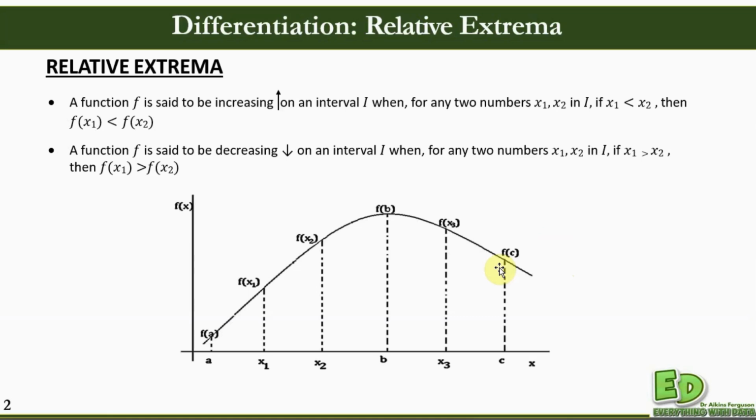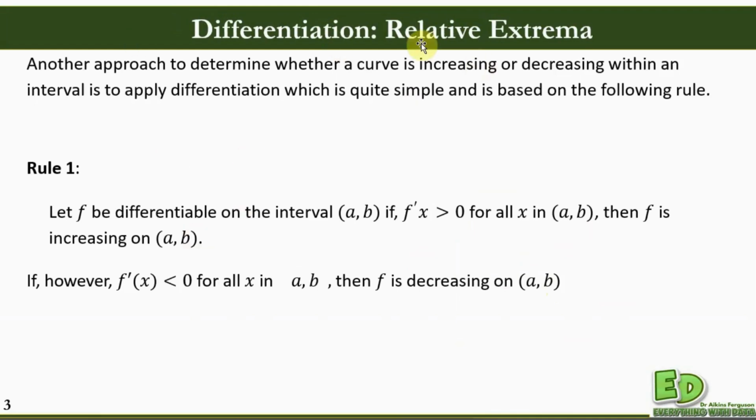This point is greater than this point over here. We could say that at that point, the function is decreasing. Let's say this side we have 4, this side is 2. It has decreased from 4 to 2. So as a producer, you could be making profit or losses. This is just to explain what we talked about earlier.